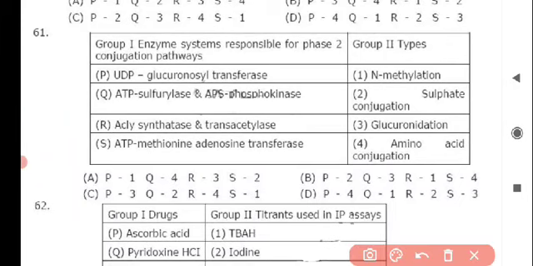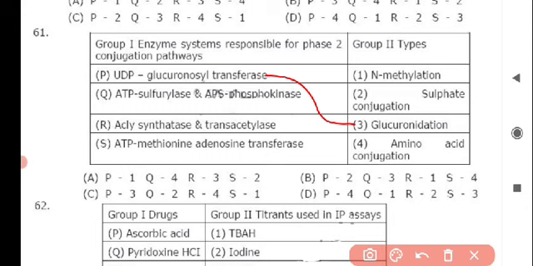Next question. In this question, the first column contains enzyme systems responsible for phase 2 conjugation pathways, while column 2 contains types. In this, the first option, that is UDP glucuronosyl transferase, the correct answer is glucuronidation.